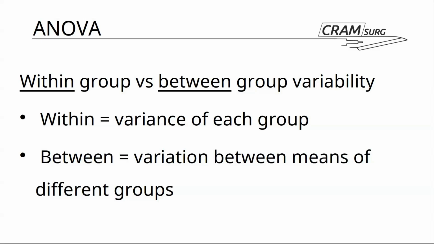It is calculated from the difference between each value and the mean within that particular group. The second important thing to remember is between group variability, which basically means what's the difference between the different means of the groups. So if I've got 3 groups of barley, each of them will have a numerical mean for a particular value. What's the difference of the mean of group 1, 2, and 3?